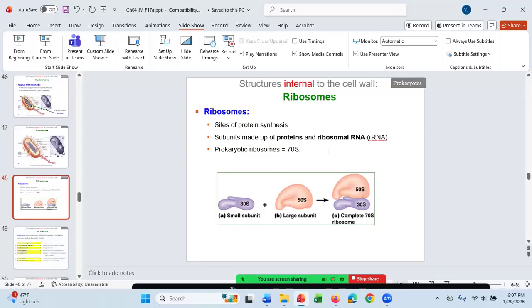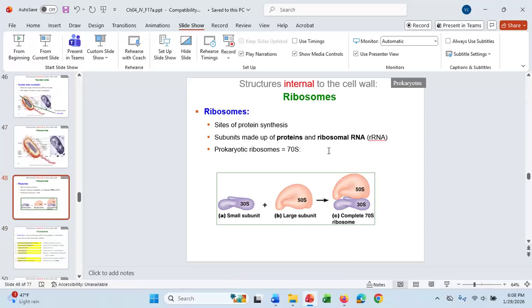You should also know that prokaryote ribosomes are a little smaller than eukaryote ribosomes. Prokaryote ribosomes are 70S in size. Eukaryote ribosomes are a little larger at 80S in size. The S stands for the sedimentation coefficient, and that's where the ribosome will sediment on an ultracentrifuge gradient.